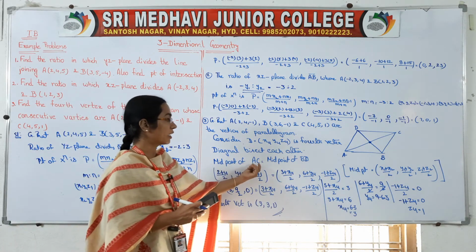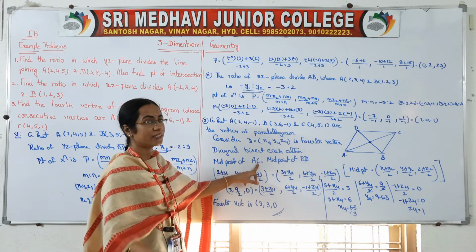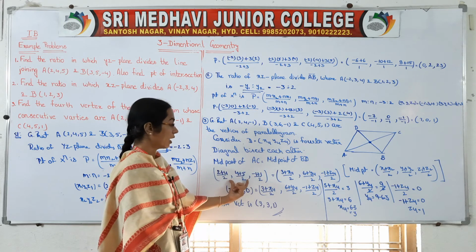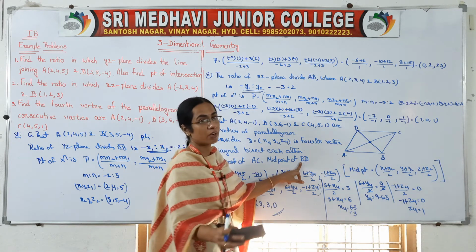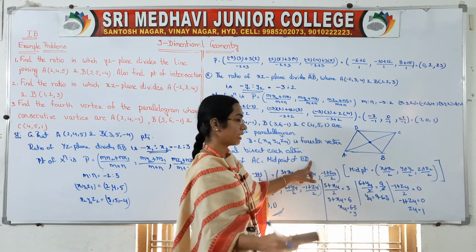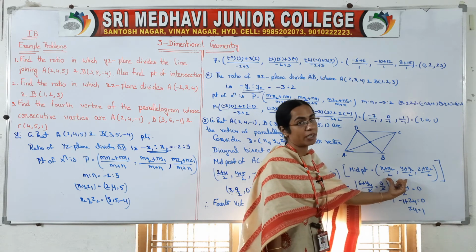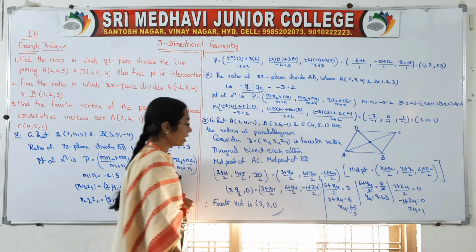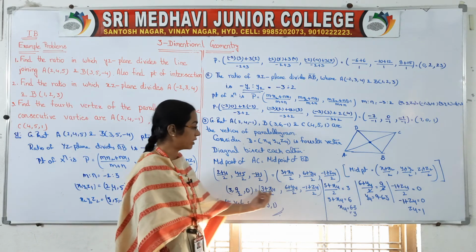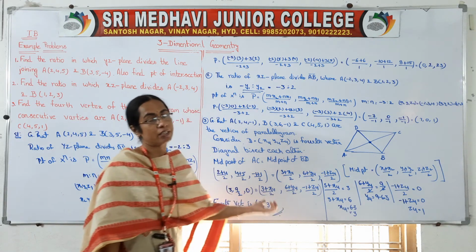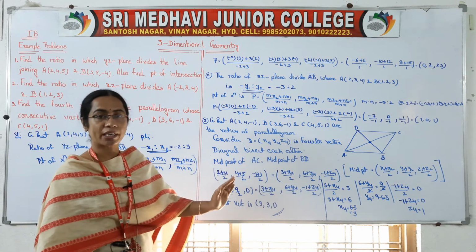You take A as x1, y1, z1 and C as x2, y2, z2 and take the midpoint. Similarly, B as x1, y1, z1 and D as x2, y2, z2 and apply the midpoint formula. Then you equate x coordinate to x coordinate. We got 2 points, and this point is equal to this point. Point means xyz coordinates on this side, similarly xyz coordinates on that side.